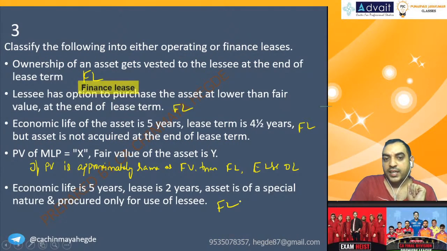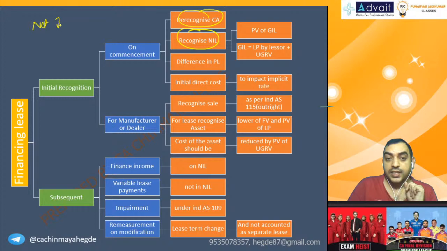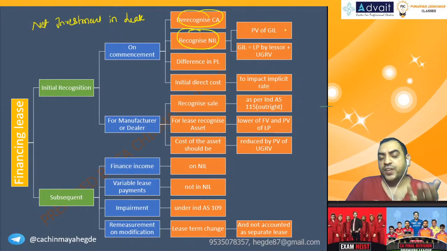This is what you would have learned in IPCC also. Financial lease accounting, you know it. On commencement, the existing book value is derecognized and you recognize net investment in lease. Net investment means present value of gross investment.